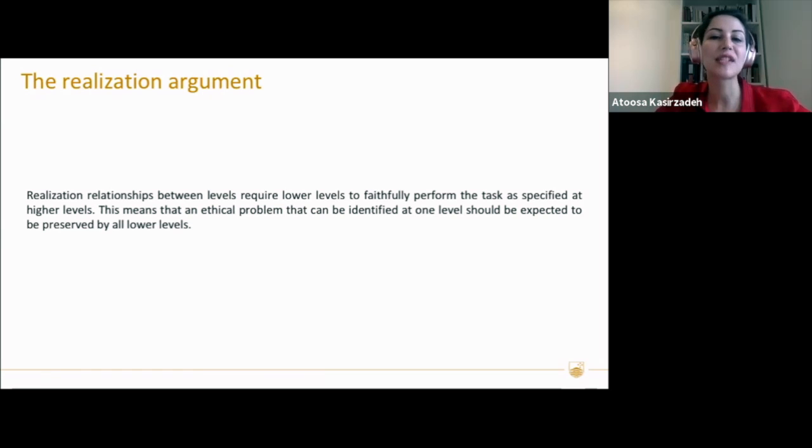So lower levels preserve the ethical problems in a nutshell, but they can also add more besides, which is just what the ethical gravity thesis says. So this is an argument in defense of the ethical gravity thesis, the realization argument.